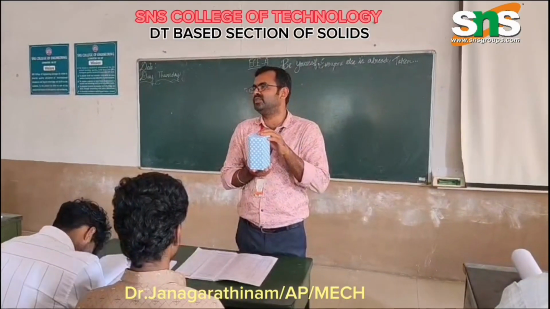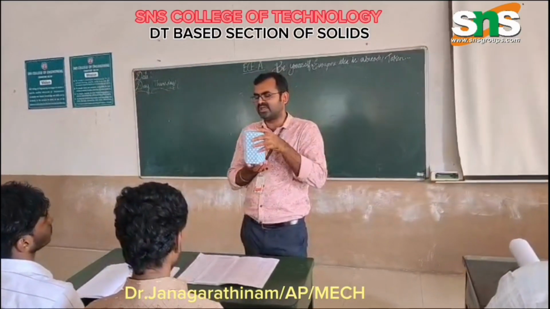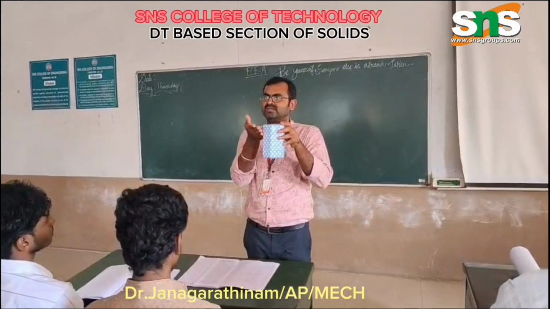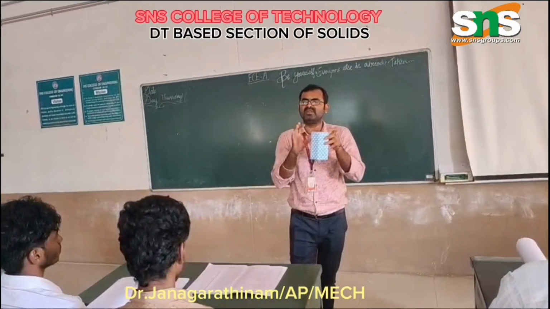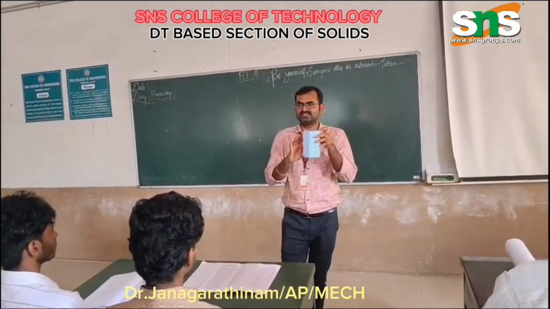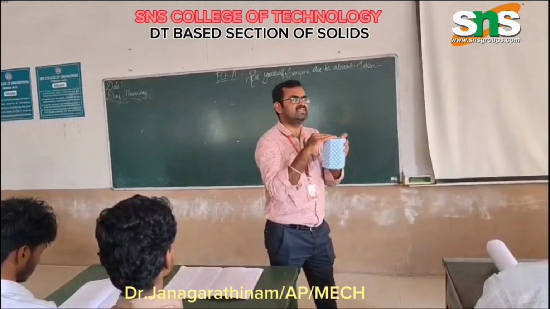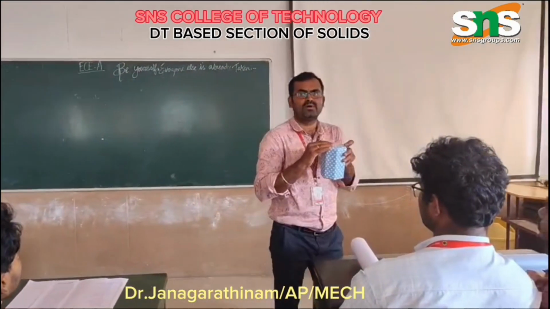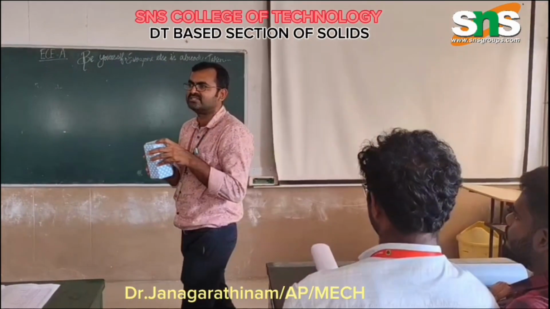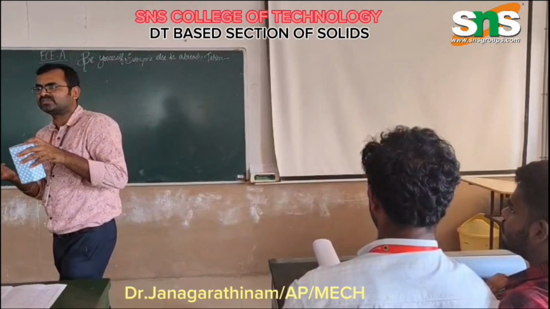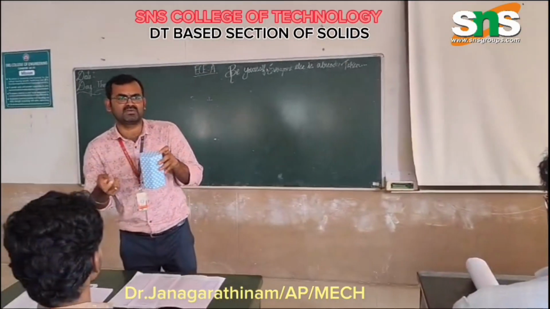We slice the hexagonal solid at 30 degrees, and automatically we get a section. We then project that section into either the first quadrant or the third quadrant. That is the basic difference between the section of solids and the projections of solids.